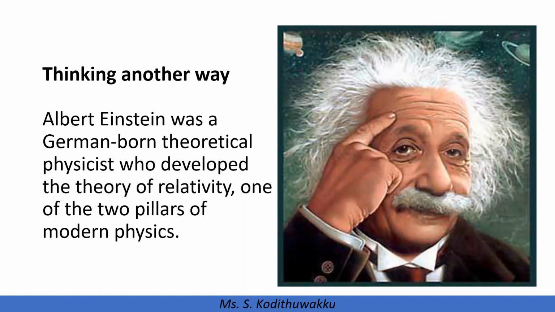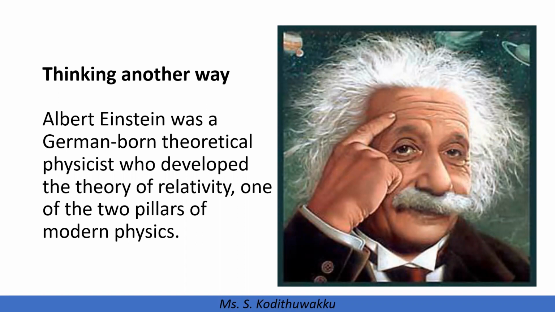German-born theoretical physicist who developed the theory of relativity, one of the two pillars of modern physics. But at that time, they criticized those two pillars. Now we highly depend on these two pillars defined by Albert Einstein.